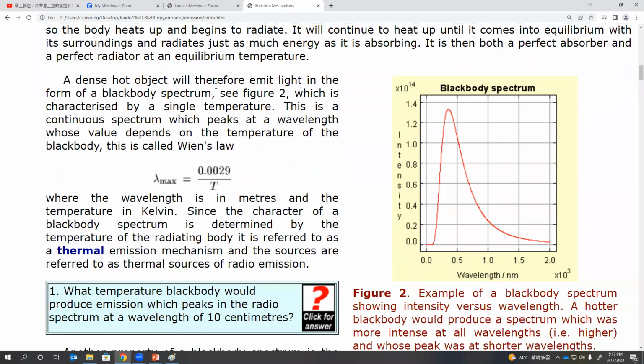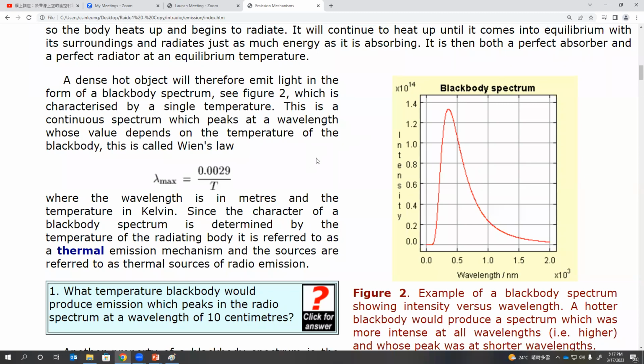A dense and hot object will therefore emit light, based on the previous discussion, because we add heat to it, so that the constant motion of the object will become rapid, and finally they will radiate out until they leave the surface of the object and keep an equilibrium temperature.